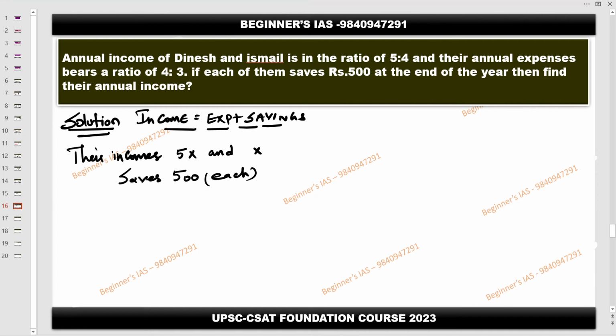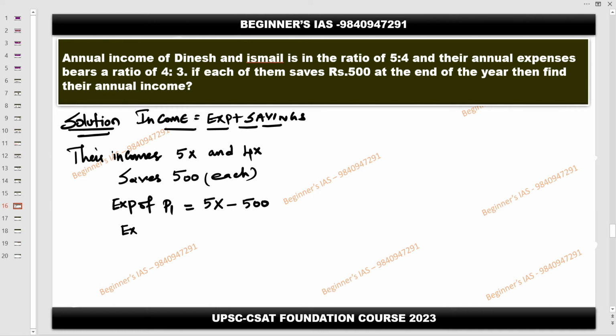So what is the expenditure of P1? P1 means person 1, which is Dinesh here. The expenditure of person 1 is income minus savings. Clear?